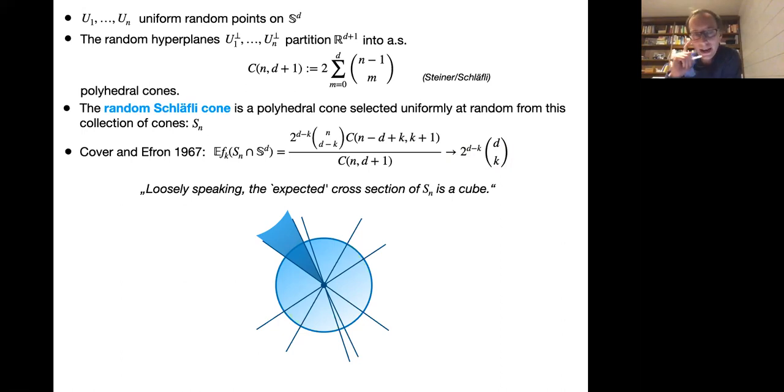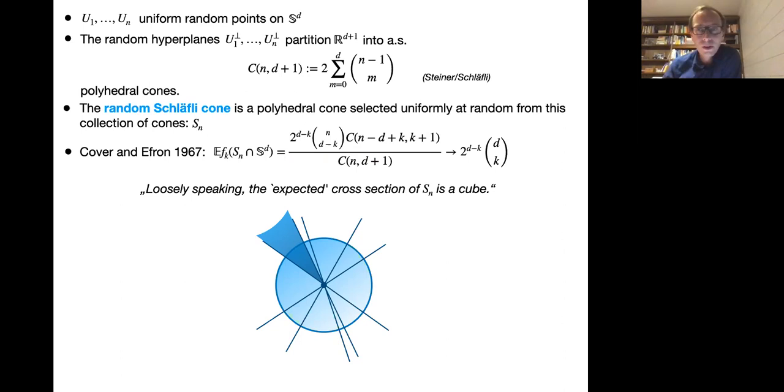And the paper ends with the following sentence. So they say that, loosely speaking, the expected cross-section of this random Schläfli cone S_n is a cube, right? So if you look at the cross-section of this cone, you will see a cube. That's what they claim, and well, what they prove is this statement here I quoted.